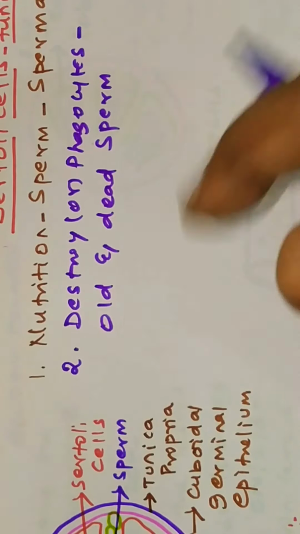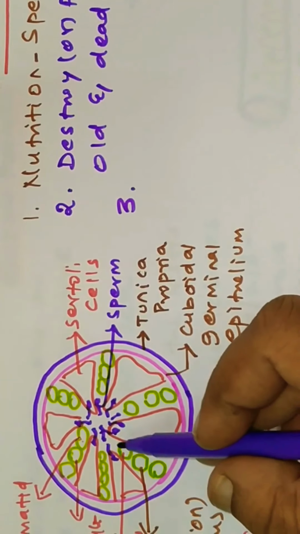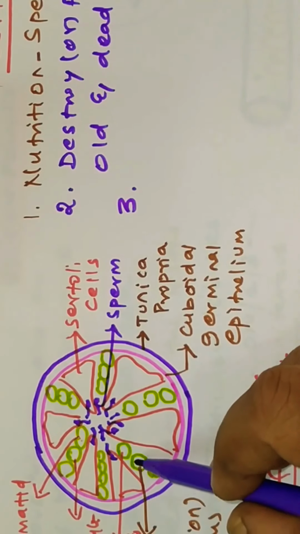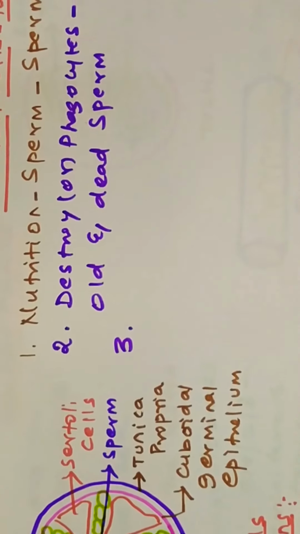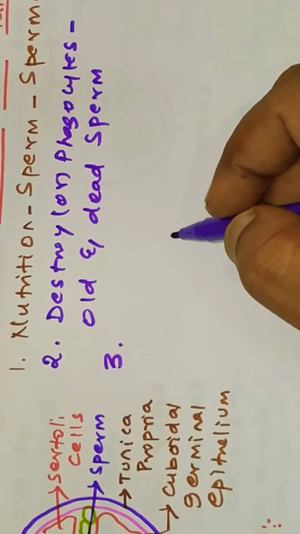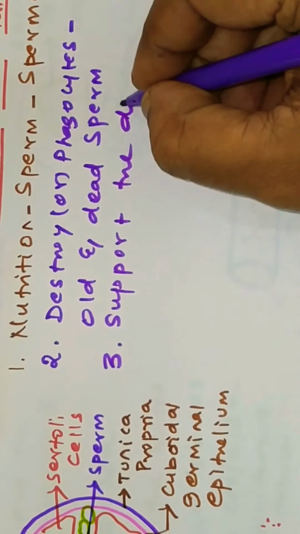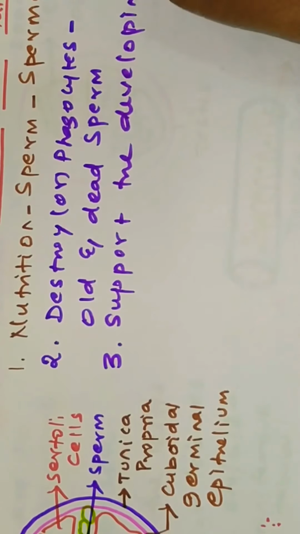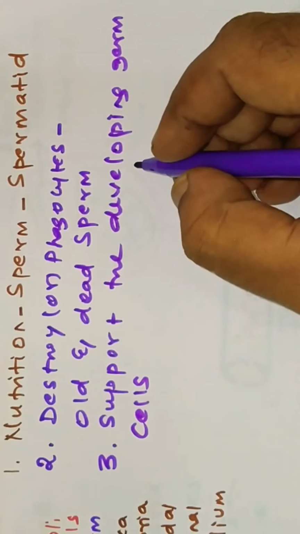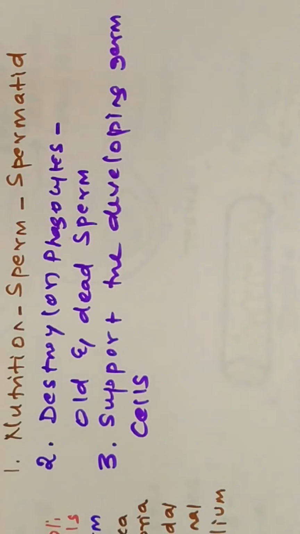And another important function, the third: these many stages of cells are the spermatogonia, primary spermatocyte, secondary spermatocyte, and spermatid. For all these kinds of cells, the Sertoli cell provides support. It supports the developing germ cells. Developing germ cells means primary spermatocyte, secondary spermatocyte and spermatid.